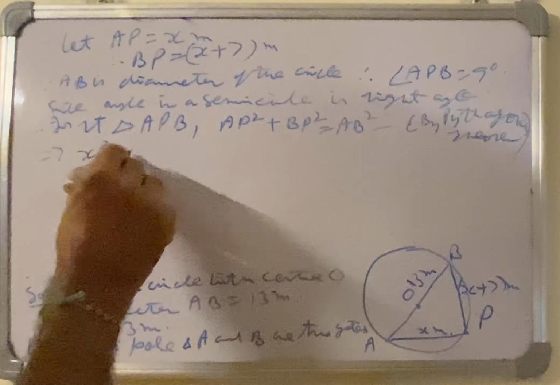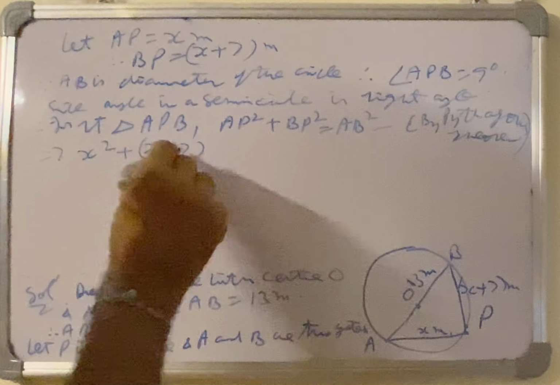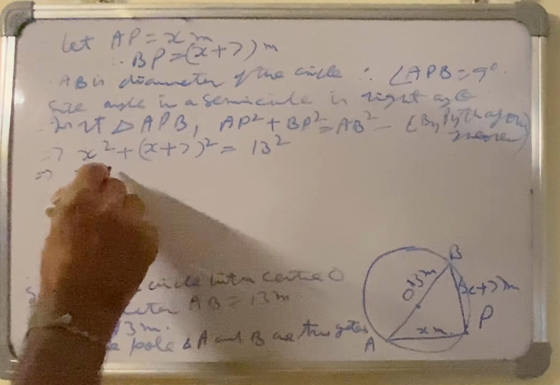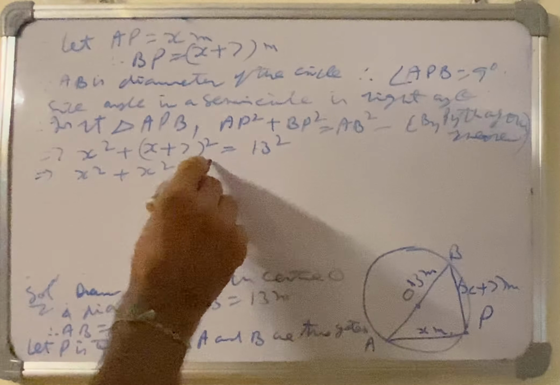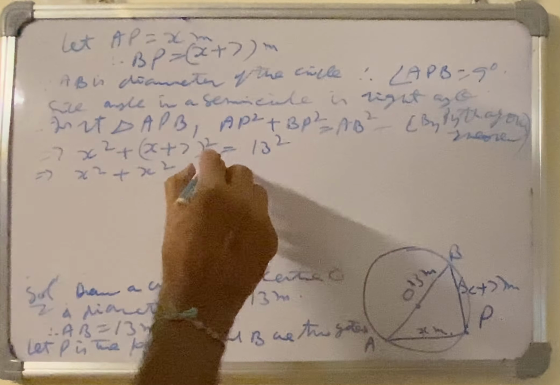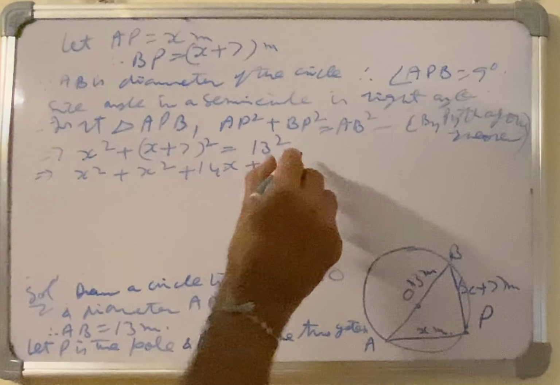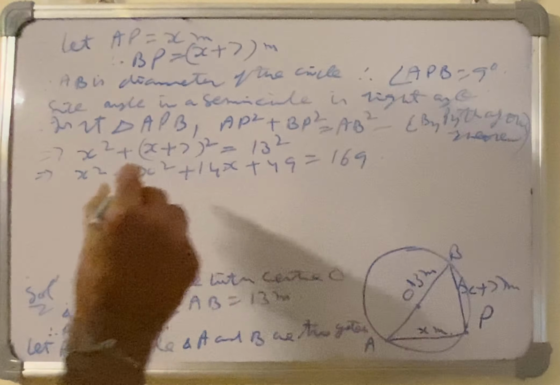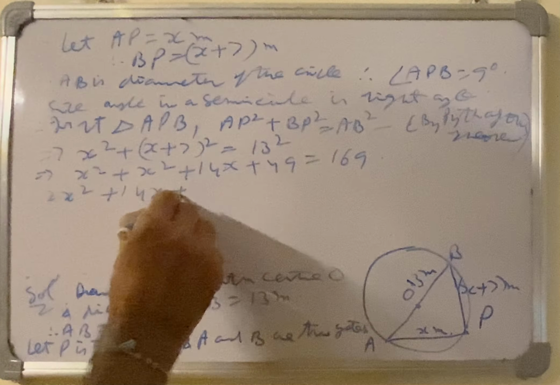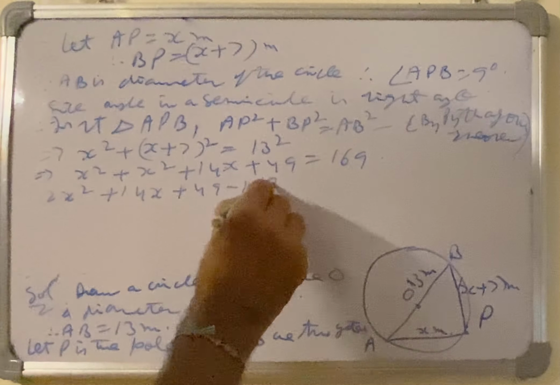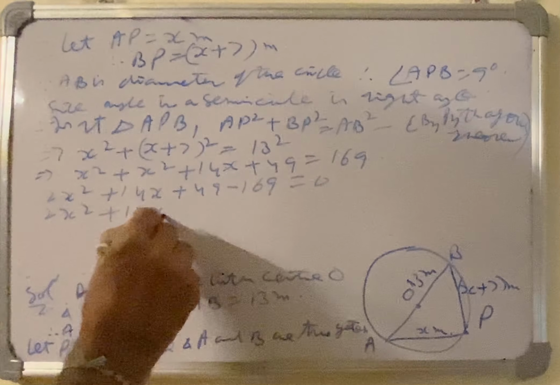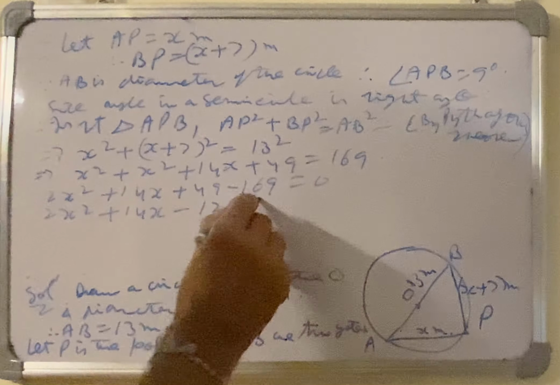Therefore, x square plus (x plus 7) whole square is equal to 13 square. x square plus x square plus 14x plus 49 is equal to 169. 2x square plus 14x plus 49 minus 169 is equal to 0. 2x square plus 14x minus 120 is equal to 0.